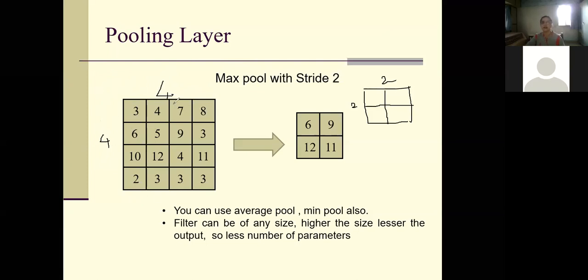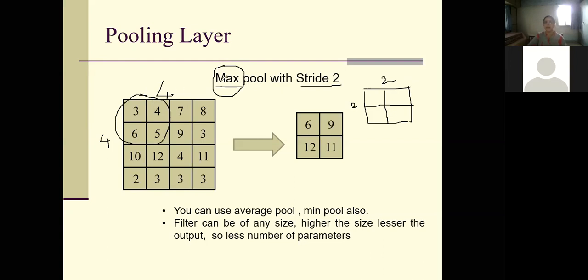Now we are applying a pooling mask of size 2 by 2 on this image, and we are using a stride factor of 2. The operation used for pooling is maximum pooling. As the mask size is 2 by 2, we consider this 2 by 2 area from the given image.